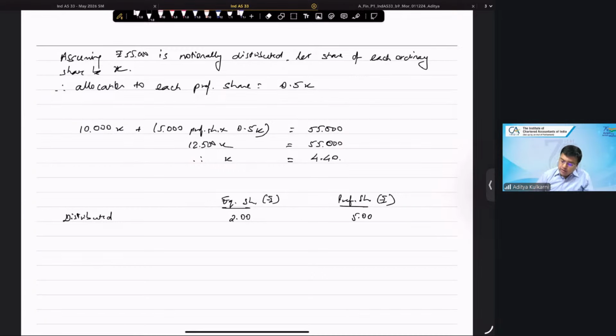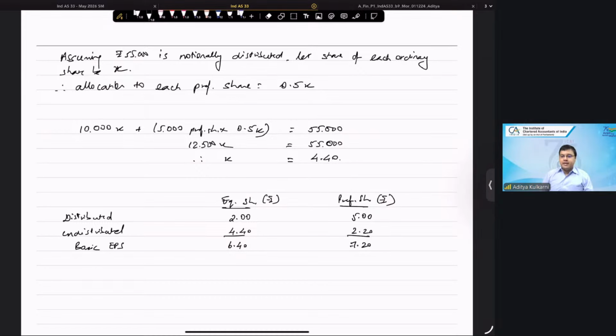Preference shareholders were getting 5 rupees, so 5 into 5,000 is 25,000. Undistributed: equity is getting 4.4, preference is getting 2.2. So this comes to 6.4 and 7.2.